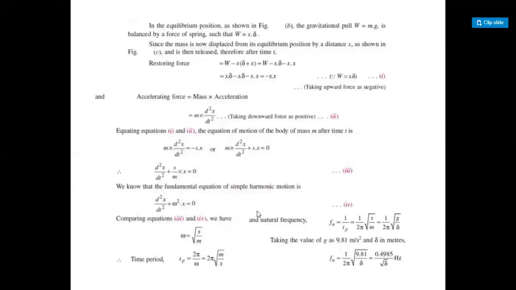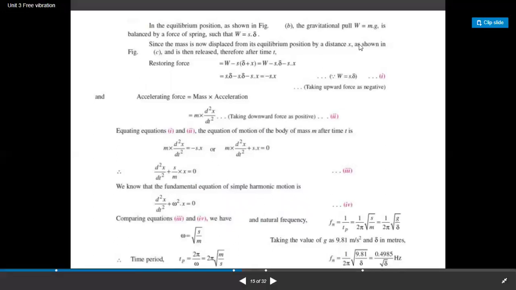Now, W is the weight, given as mg, and the balancing force of the spring is taken as S into delta. As discussed earlier, restoring force is what?